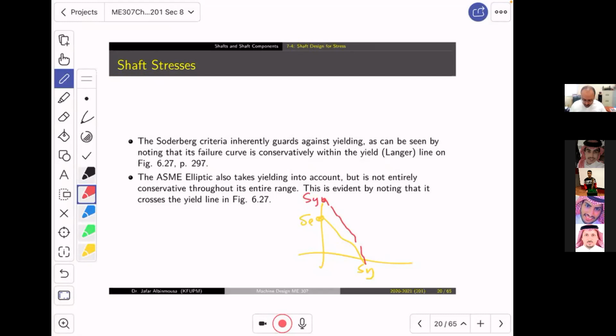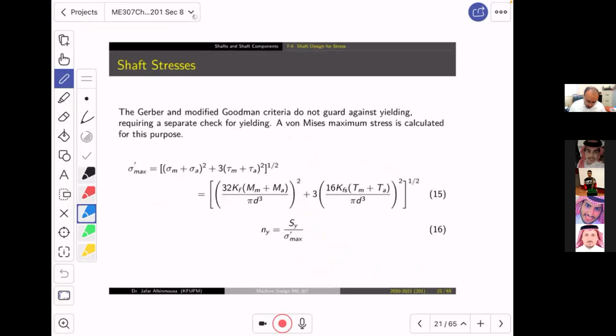But if you use other equations like Gerber, you have to design for yielding, or you need to check yielding. For Goodman or Gerber, you need to check yielding. And for ASME elliptic, you have one part which is below the yielding and the other part which is above the yielding, and you need to be careful.